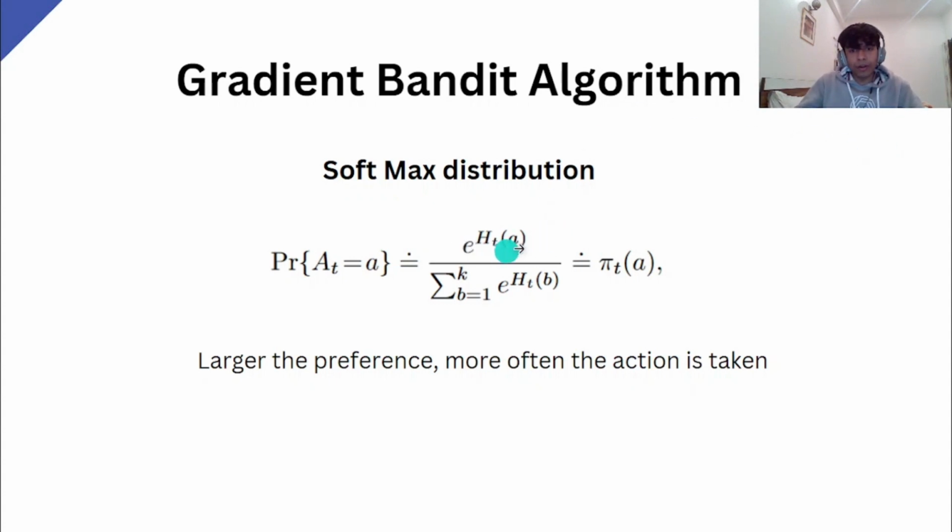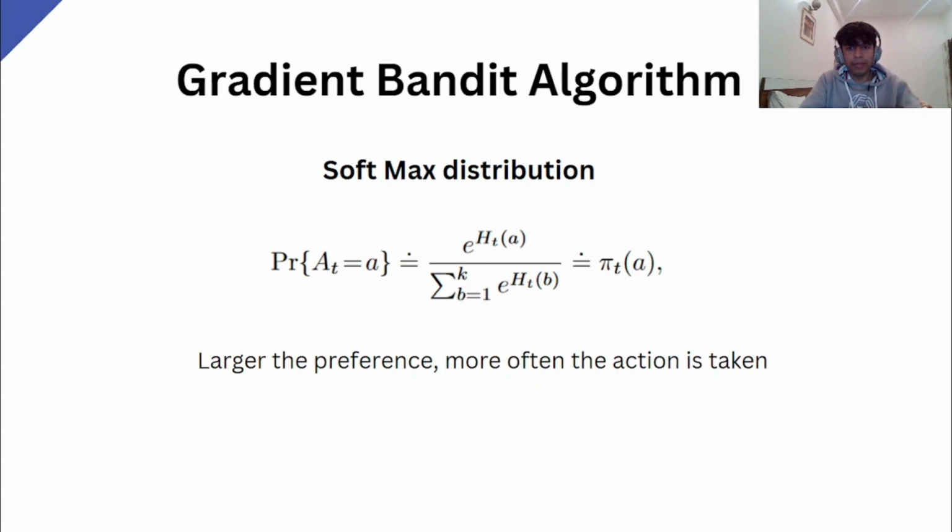So h of a denotes the action value estimate, and it is put to the power of e. But at the same time, we have to realize how it counters the exploration versus exploitation problem. If you think about it, even if an action has a small action value estimate, you have to realize that it's still on the table of being picked.